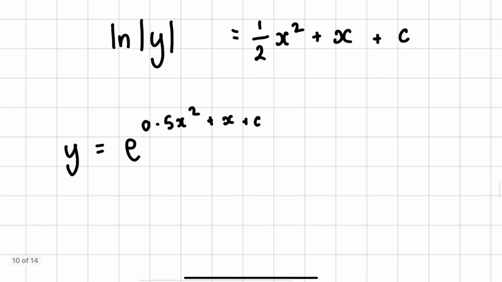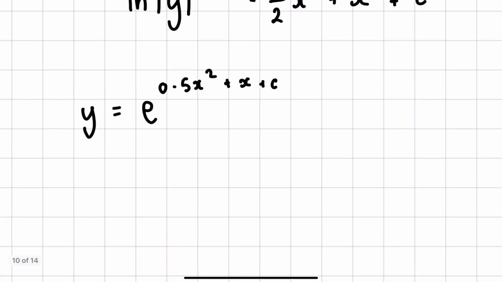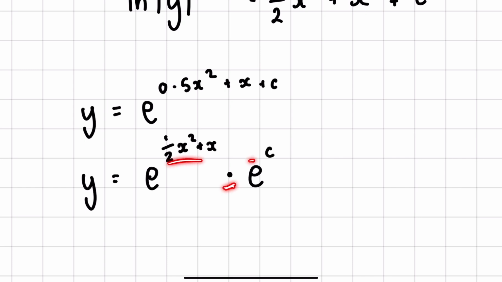And by index laws, plus means we are multiplying. A little hint given to us would be to try and turn this c into a constant. So the final answer will be y equals e to the power of a half x squared plus x, multiplied by e to the c, because obviously index laws, they add up.